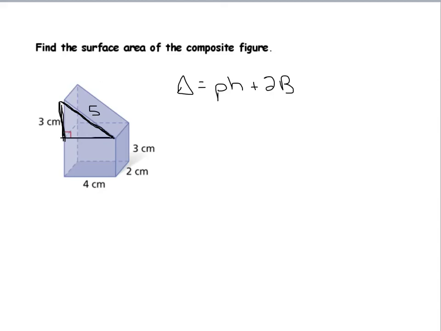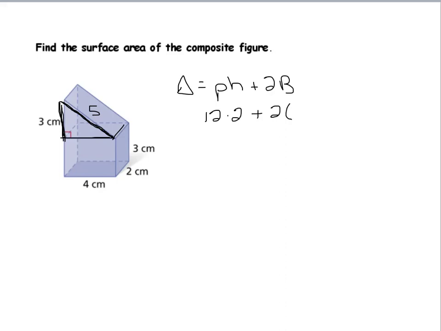All right, so you should have noticed 3 squared plus 4 squared equals c squared gives you 5. So my perimeter of the base, if I add it up, 3 plus 4 plus 5 gives me 12. The height of my solid, so if you were to tip this over so that the base is down, the height would be 2. And now I have to add on 2 times the area of the base.